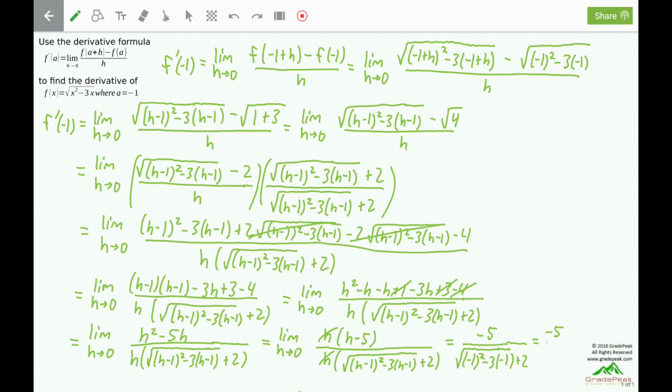So we have negative 5 over the square root of negative 1 squared, which is 1, minus 3 times negative 1 is 3. 1 plus 3 is 4. So square root of 4 plus 2. And square root of 4 is a 2, so we get a negative 5 divided by 4. That will represent f prime of negative 1, or the derivative of f of x evaluated at negative 1.